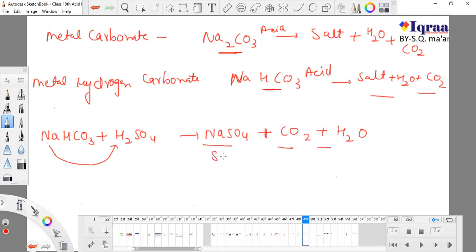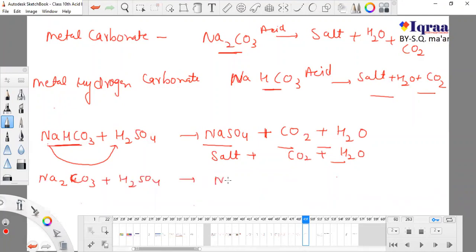Okay, same: salt plus CO2 plus water. You have to just remember this formula. If I use metal carbonate or metal hydrogen carbonate with H2SO4, it will give same result.